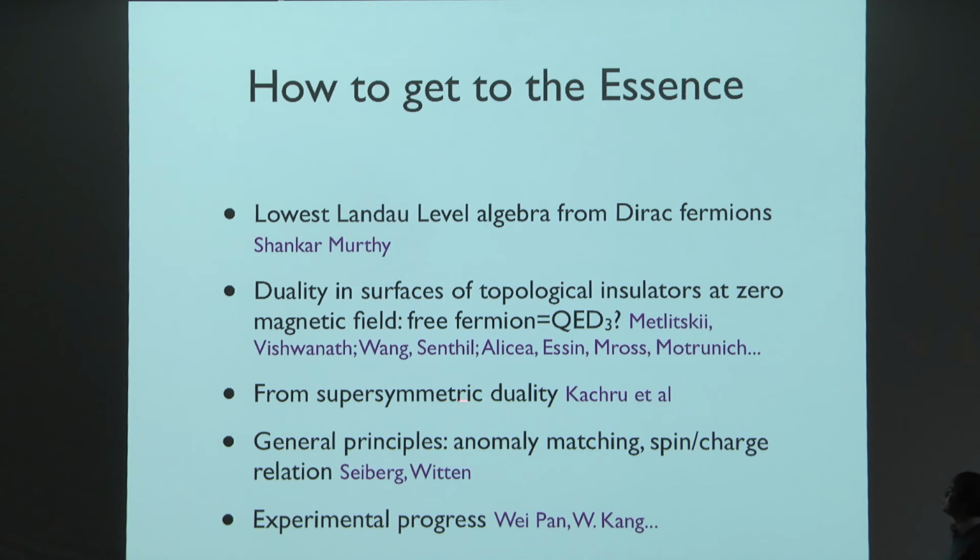Maybe this duality can be obtained from supersymmetric duality, but there is a problem of how to get rid of the bosons. There is a set of questions that one can ask: how this duality may be consistent with general principles, like anomaly matching, which I don't understand quite well in this case, or the spin-charge relation, the relation that in a theory corresponding to electrons, half-integer spin should have odd charge.